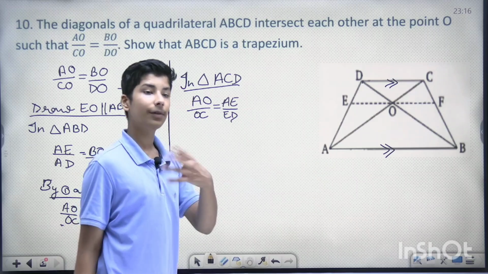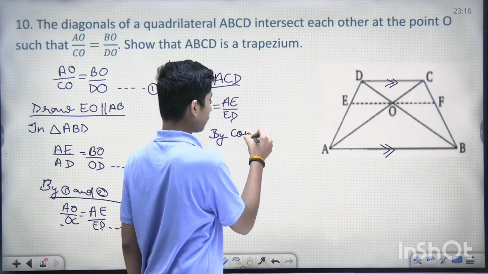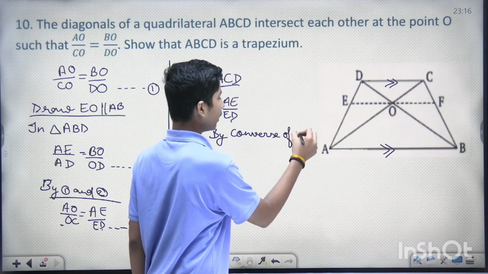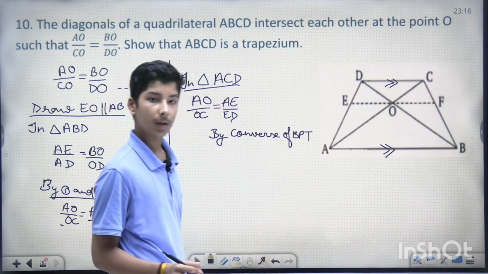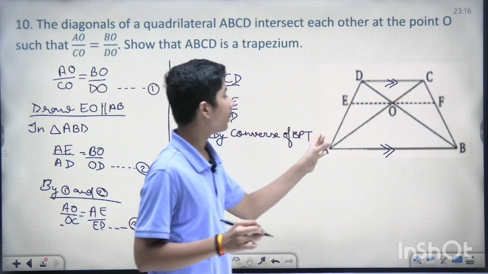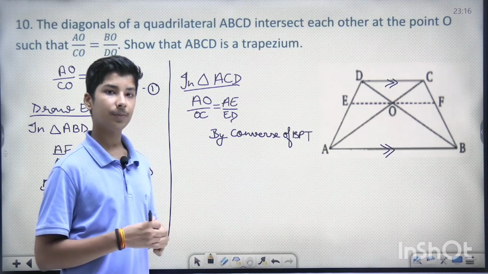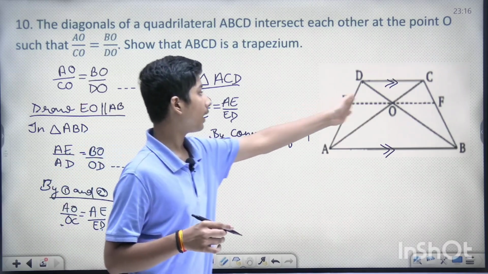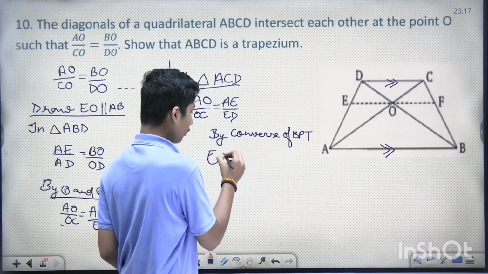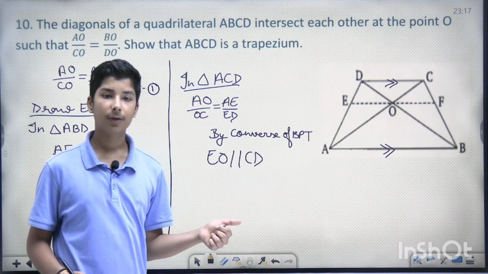Now by converse of BPT, we can say that these two sides are dividing each other in the same ratio. So these lines will be parallel, means EO will be parallel to CD.